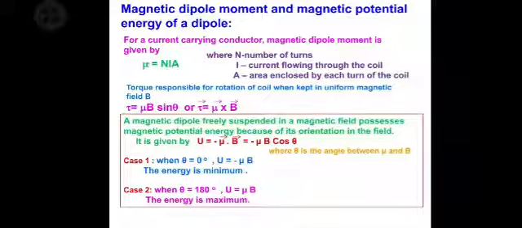What is N? What is I? What is A? You know that. The torque responsible for the rotation of the coil when kept in a uniform magnetic field is tau = mu B sin theta, or vector tau = mu cross B. Remember students, this magnetic dipole moment is given by NIA and it is a vector quantity.